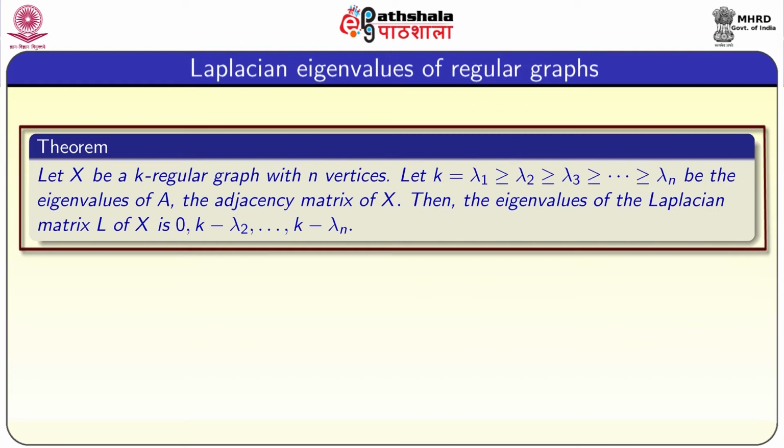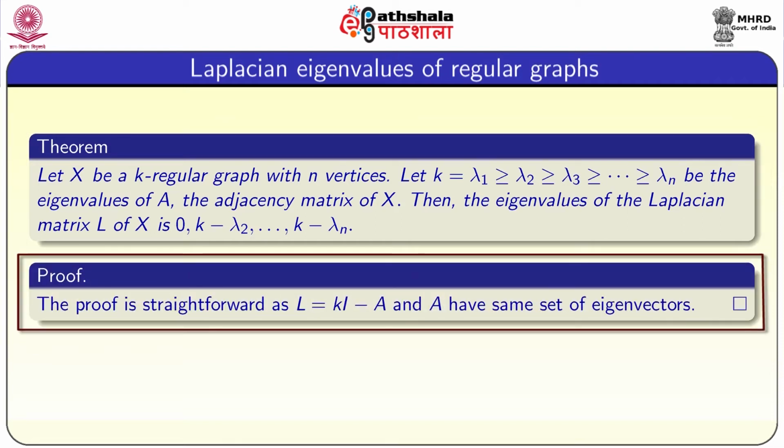The Laplacian eigenvalues of regular graphs. Let X be a k-regular graph with n vertices. Let k equal to lambda 1 greater than or equal to lambda 2 and so on to lambda n be the eigenvalues of A, the adjacency matrix of X. Then the eigenvalues of the Laplacian matrix L of X are 0, k minus lambda 2, and so on, k minus lambda n.